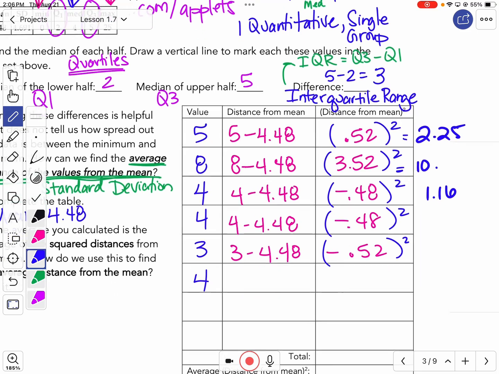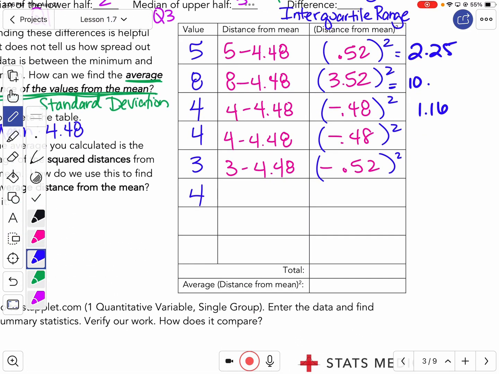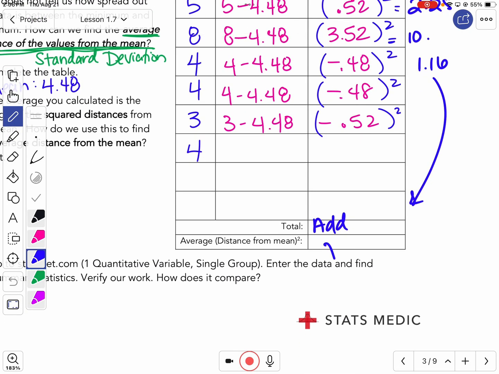Then we have to add all those numbers up, okay? We have to add all these numbers up. So we would add them all up. And then and only then, we would do the average, okay? We do the average.